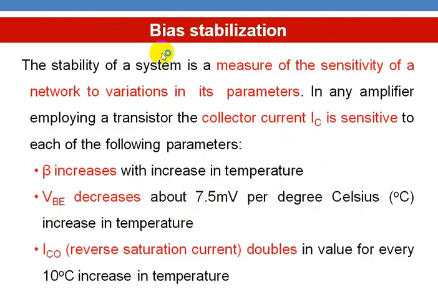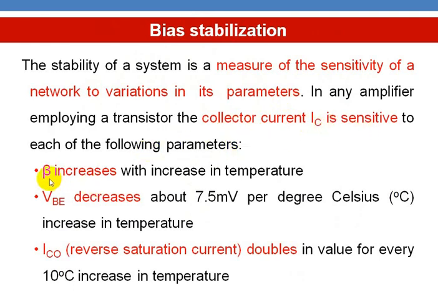Bias stabilization. The stability of the system is a measure of sensitivity of the network to variation in its parameters. If you want to say that it is stable, then that particular circuit has minimum variations with respect to change in the parameters. Here the collector current IC is sensitive to the following parameters.